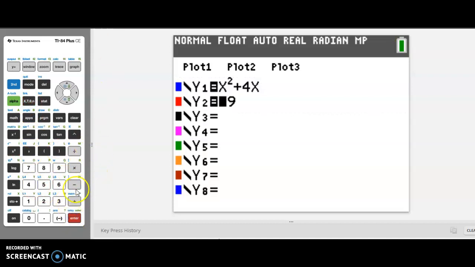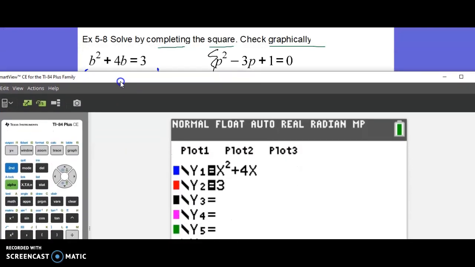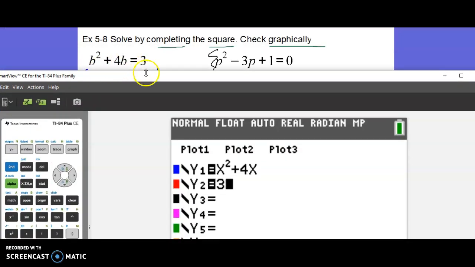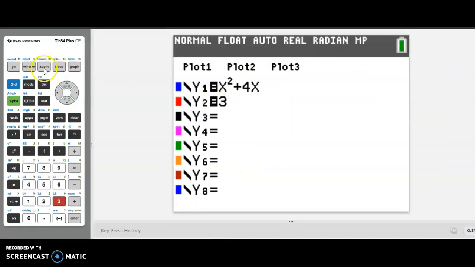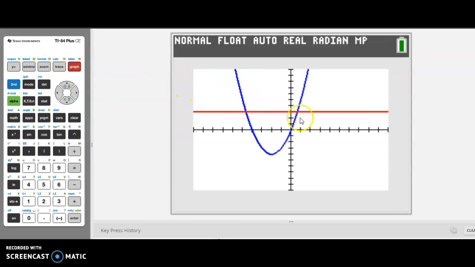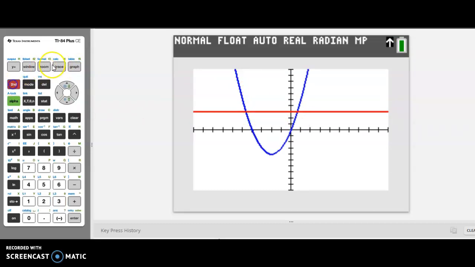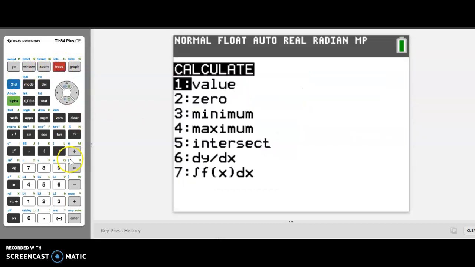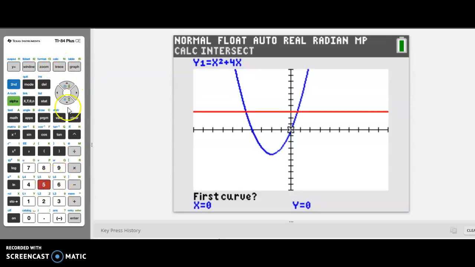And the second equation is equal to 3. I'm just double checking that I typed it in correctly. And when I go to my graph, I have 2 points of intersection. If I hit second trace, the 5th option down, I can find my point of intersection right here.